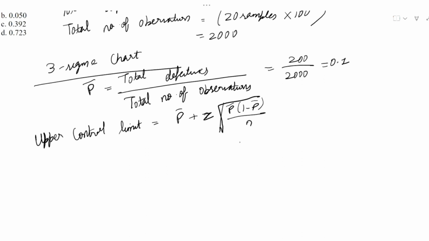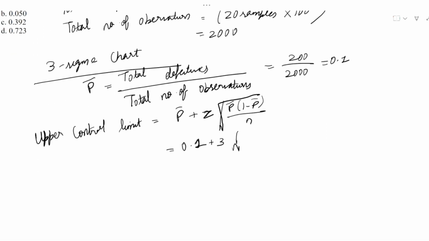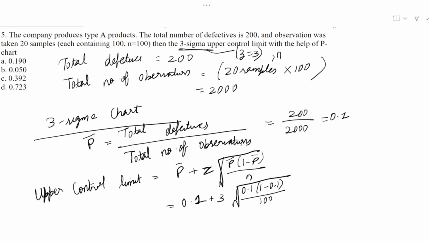P bar is 0.1, so 0.1 plus 3 root over 0.1 into 1 minus 0.1 divided by 100, where N is equal to 100.